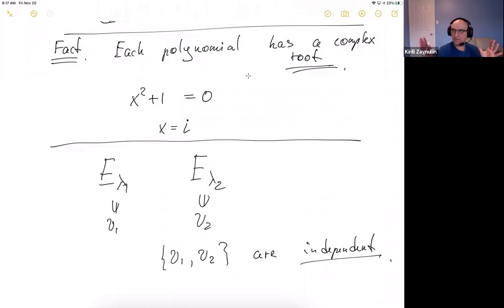If you combine them together, the resulting set will again be linearly independent. This is the theorem about linearly independent subsets from eigenspaces. In that case, you just take a subset consisting of one vector.